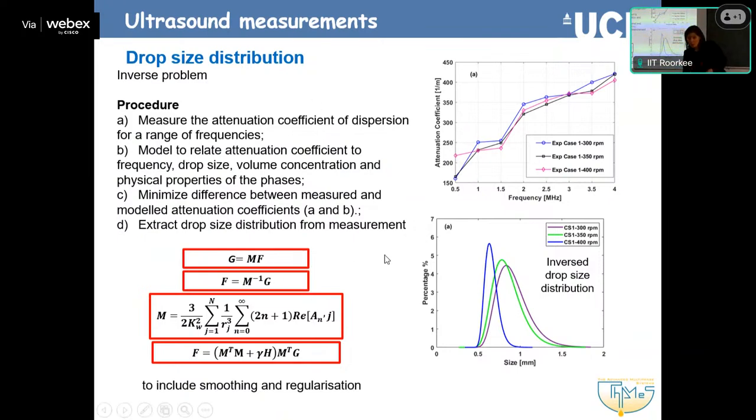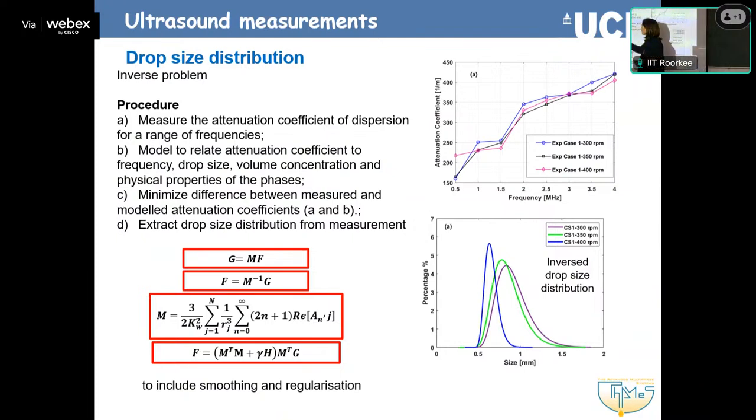I will go here, just to try to understand the main idea, and the maths is in the paper. This attenuation will depend on the drop size distribution, or the particle size distribution, and also on some correlation that relates the wavelength with the particle size.